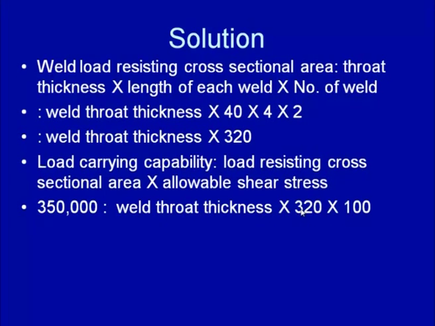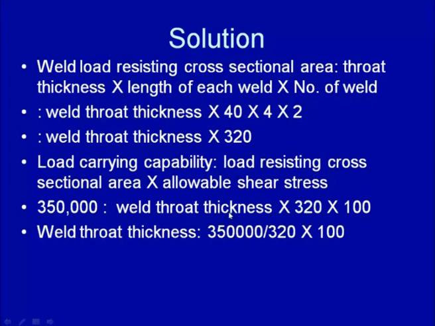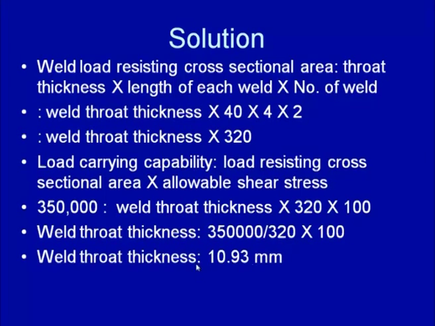So, throat thickness multiplied by 320 shows the weld load resisting cross sectional area, and multiplied by 100 shows the shear strength of the weld joint. Since we do not know the weld throat thickness, we can calculate it from 350,000 divided by 320 multiplied by 100.